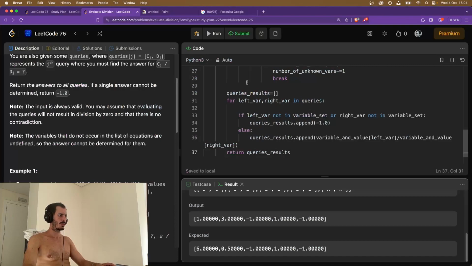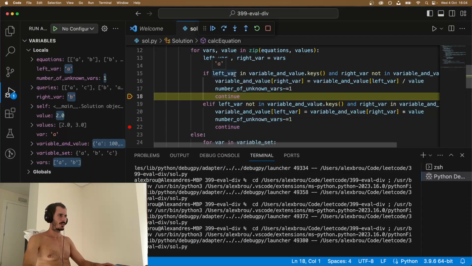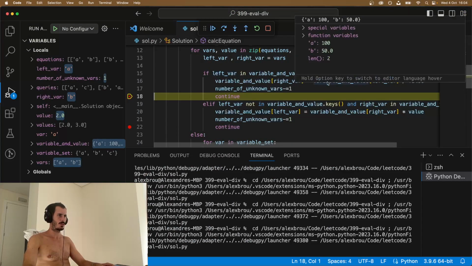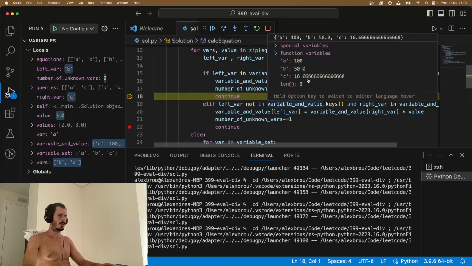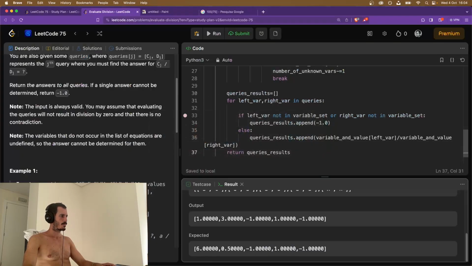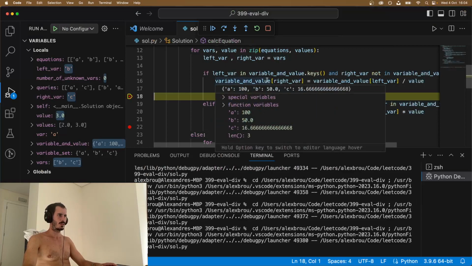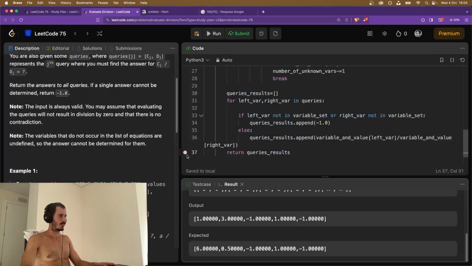So A is 100. And this is A over B is 2, so B is 50. And now C is 16. Okay, so let me try B over C. 3. Okay, good, that's what we want, 3.